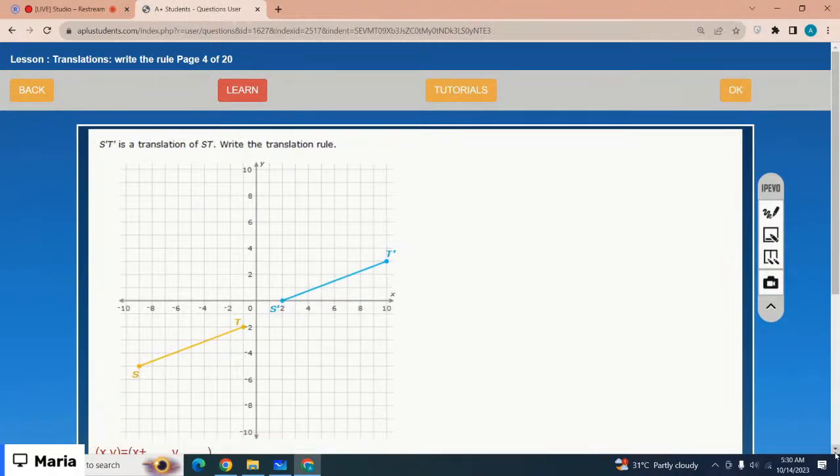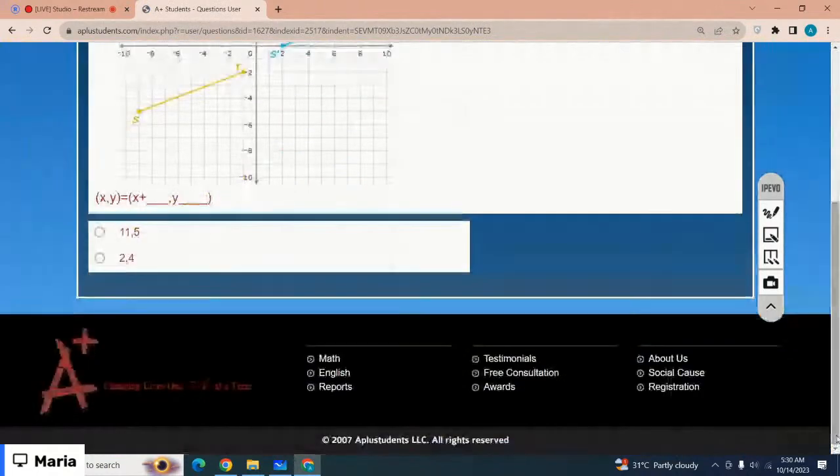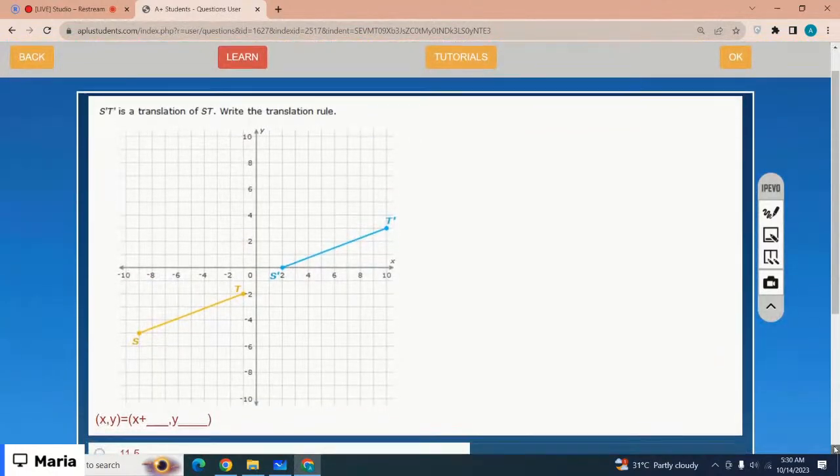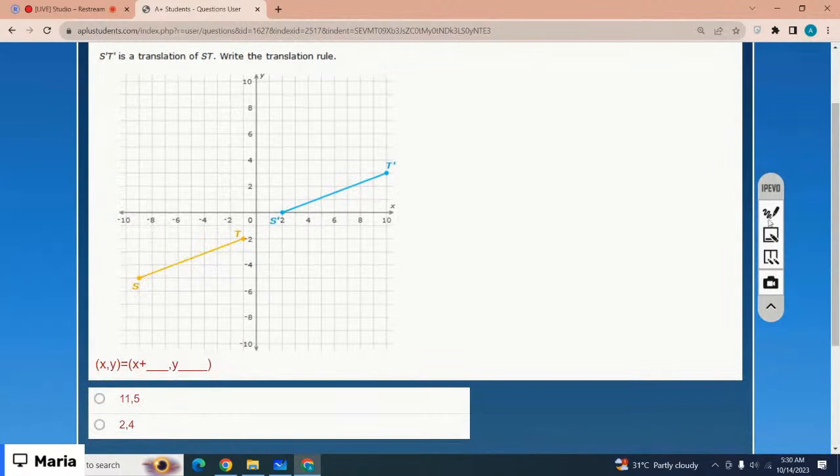Okay. S dash T dash is the translation of ST. Write the translation rule. Okay, S is moved right. How much right? 9 and 2, 11. Right?